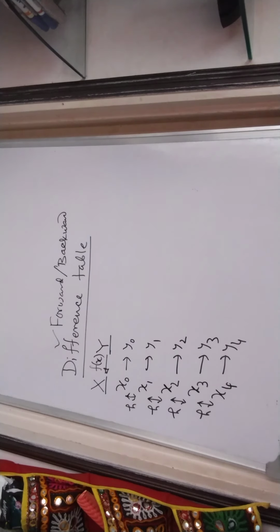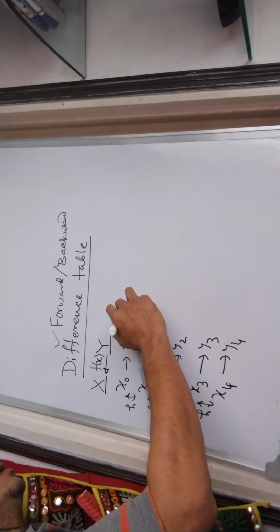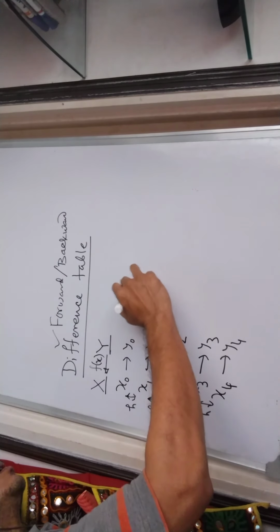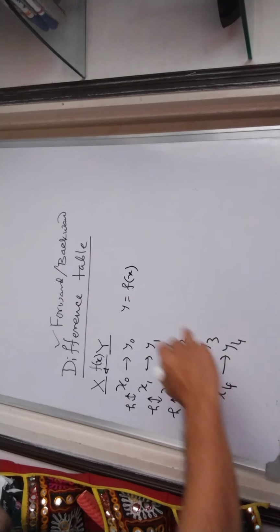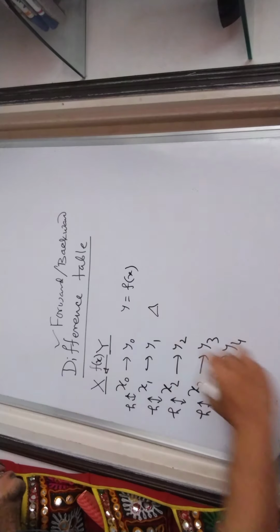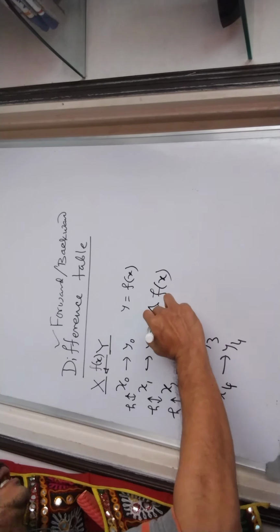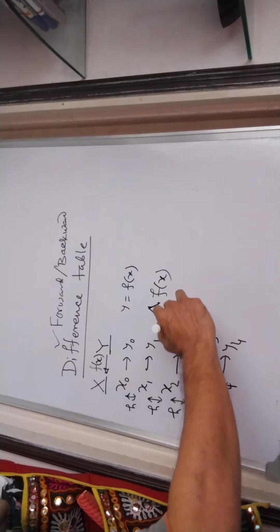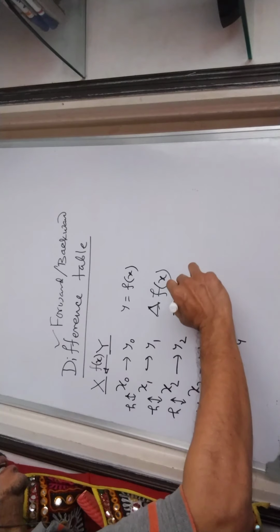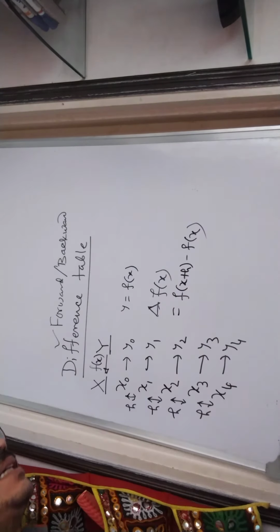And it's quite easy to conceive that if we express the y nodal points as f(x), obviously the forward difference, usually denoted by this capital delta, delta of f(x), is nothing but the difference between f(x plus h) and f(x).